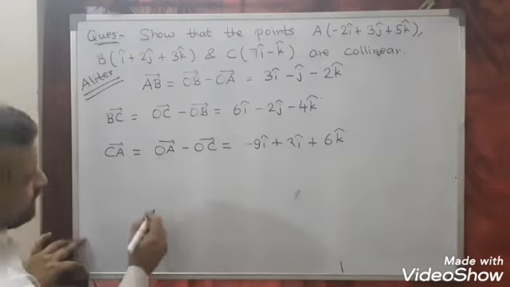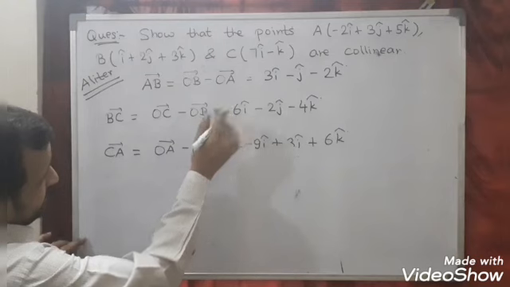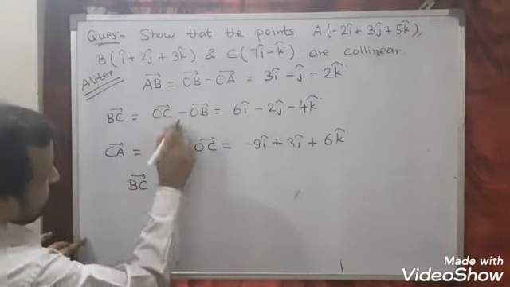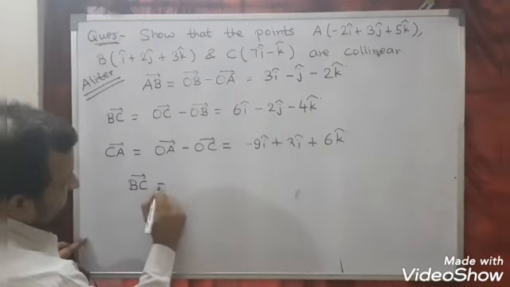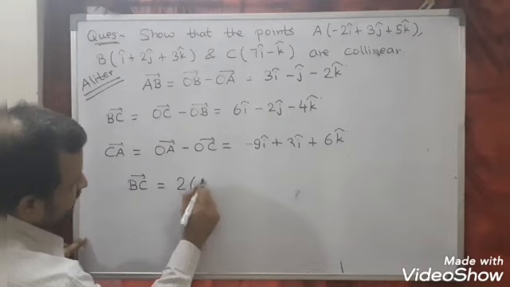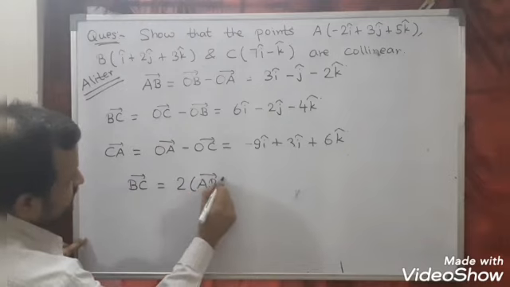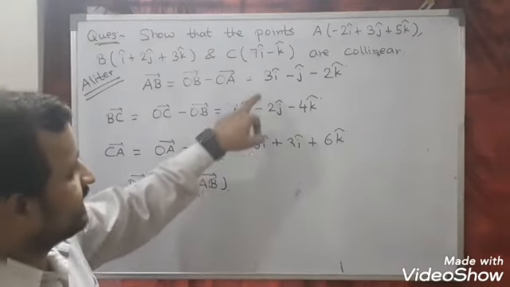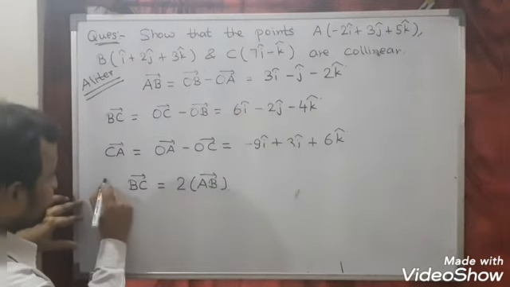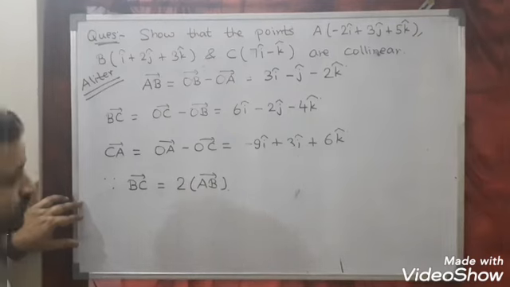See properly here. Can I say here that the BC vector is 2 times the AB vector or not? So this vector is 2 times of this vector. So here I can say, since BC vector is equal to 2 times AB vector.